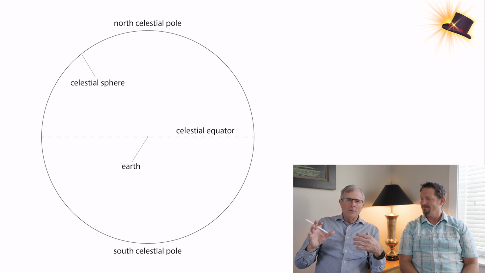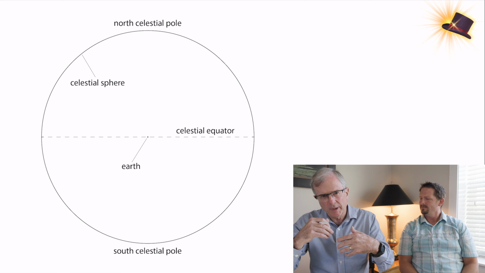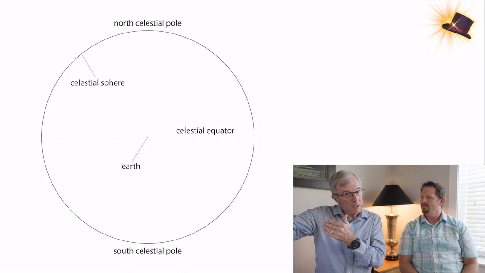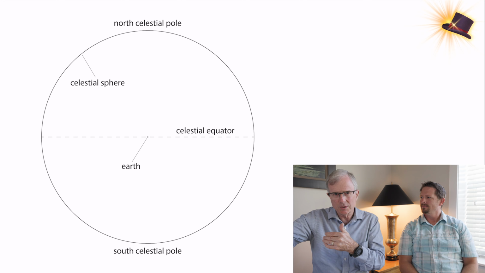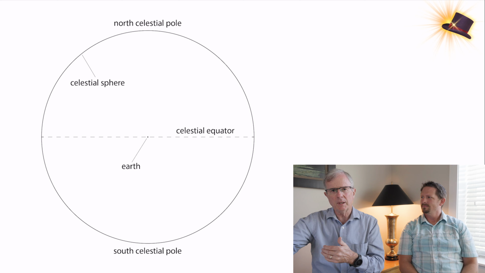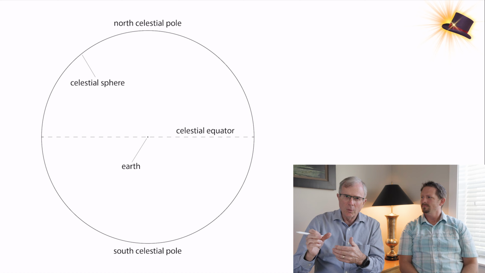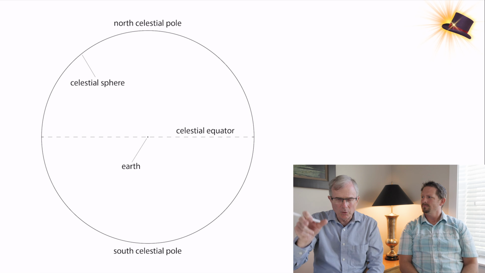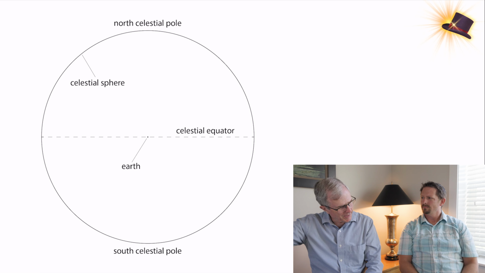So, remember in a previous video we talked about the fact that even the nearest extrasolar star, called Proxima Centauri, is so far away that it would take 9 billion Earth diameters stacked on end to get there.